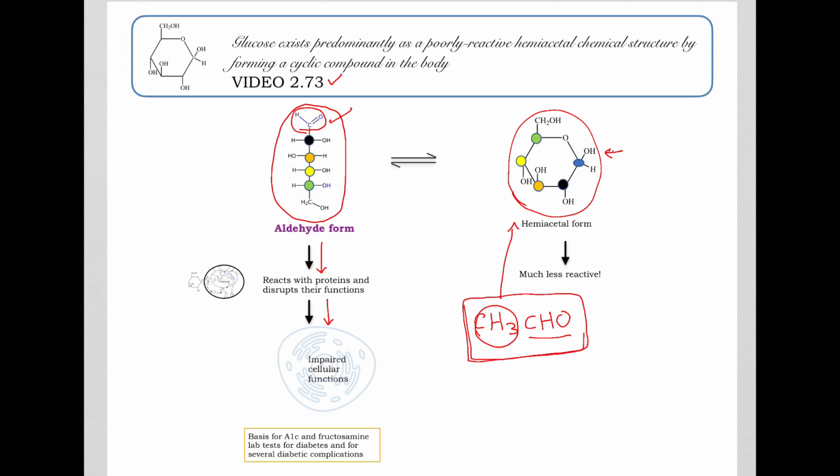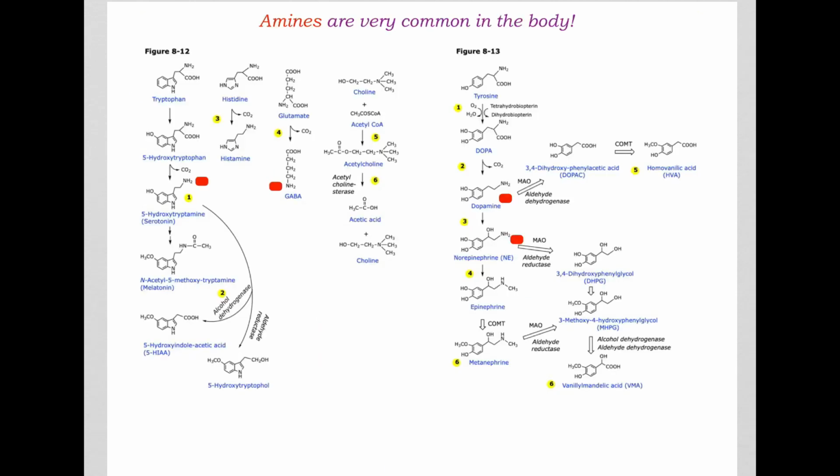The small aldehydes, such as acetaldehyde, are much more reactive than glucose and can readily react with all kinds of amines, and that could be amines that are present in proteins or small amine molecules such as the neurotransmitters. We have several neurotransmitters that are amines.